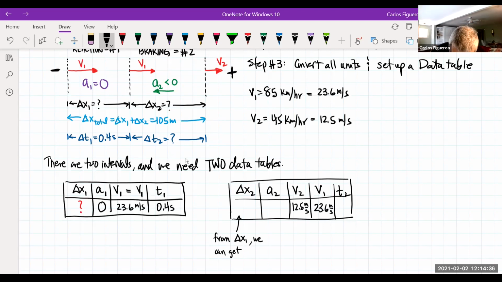So x total is the same as delta x1 plus delta x2. Getting delta x1 tells us what delta x2 is. And then I have to look at what the question says. But you can see that this is really what we don't know, T2 and A2 for that interval.